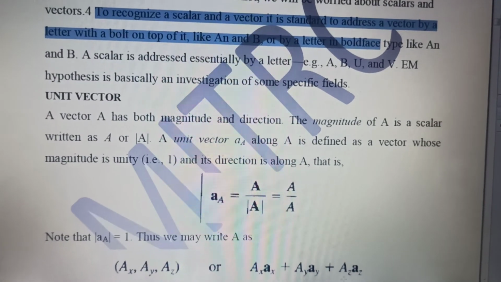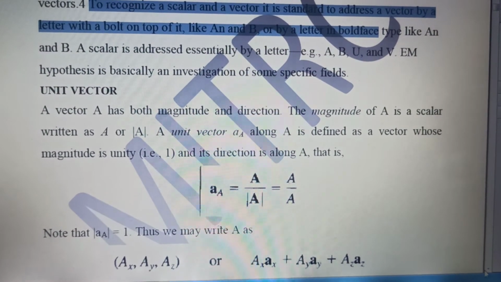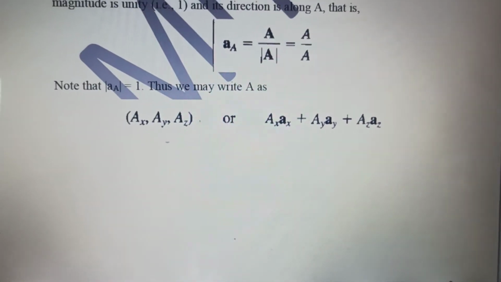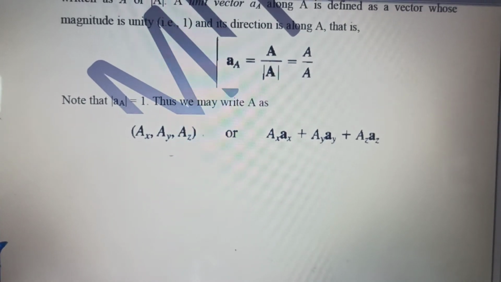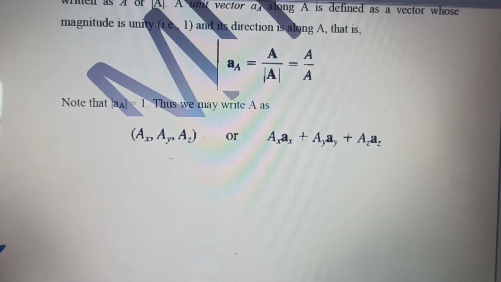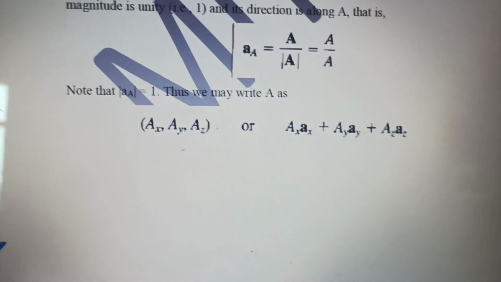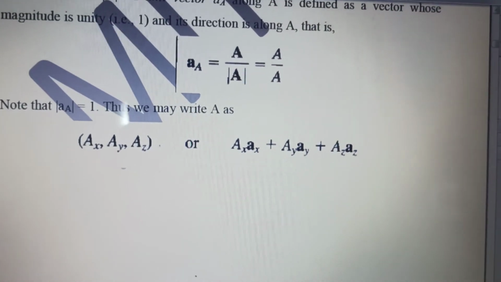Now come to another part. A very important conclusion can be drawn at this point of our discussion, and that conclusion is that the magnitude of a unit vector is 1.